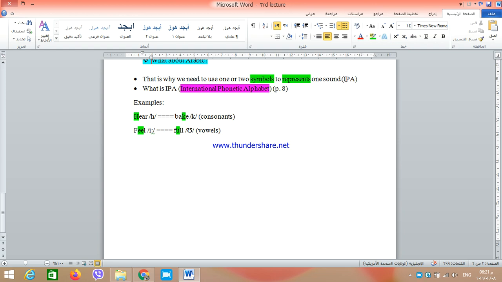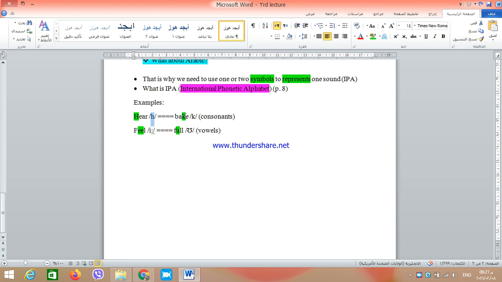These symbols are normally called IPA symbols, which is the International Phonetic Alphabet. They are found in your book on page 8. For example, the letter b is represented like this. There is almost similarity between the sound, the letter, and the symbol.